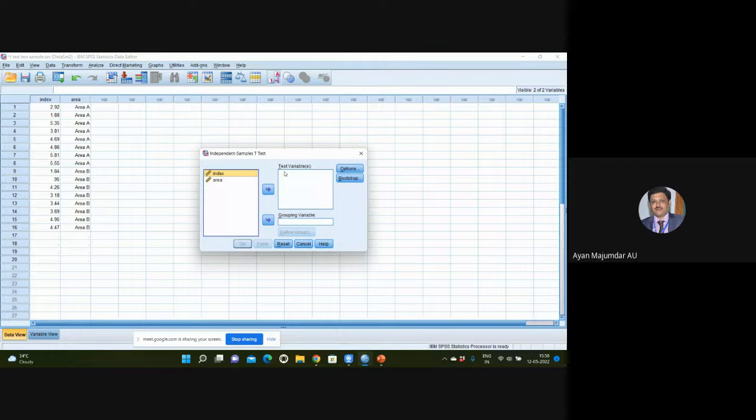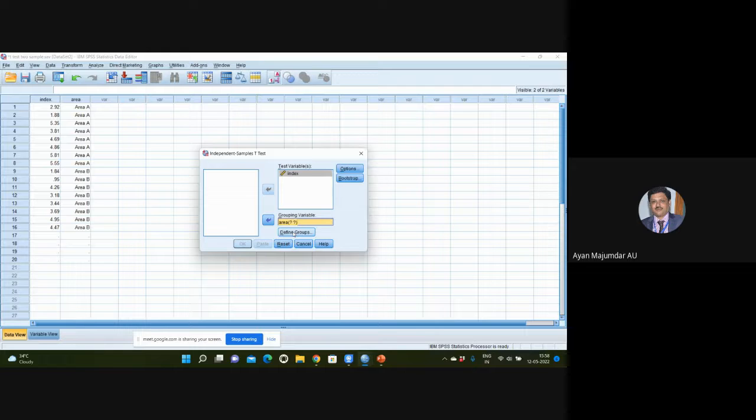Now, which is the test variable? Our pollution index is the test variable, which is written as index. You select it and transfer it to test variable. And you are grouping the test variable by area. Transfer that area as a grouping variable. See, it's giving 2 question marks.